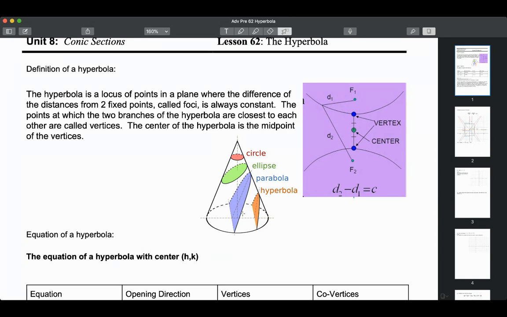Also, if I think about my locus of points definition of a parabola, I know that what's happening there is that I've got a directrix, which is a line that runs perpendicular to the axis of symmetry, and I've got a point called the focus.